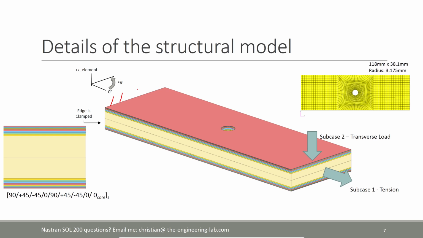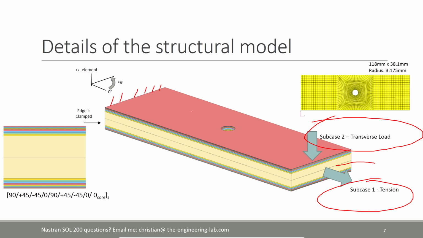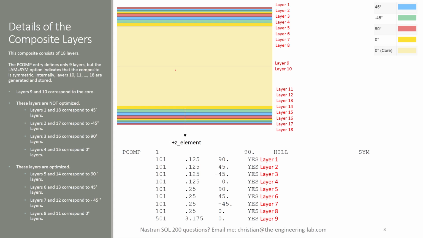We fixed or clamped the composite coupon on this edge, and then on the opposing free edge, we have two load cases as shown here in this diagram. The PCOMP entry. So I'll repeat the same thing I've said in the last few workshops. The first 4 layers are fixed. So here, let me write down fixed.